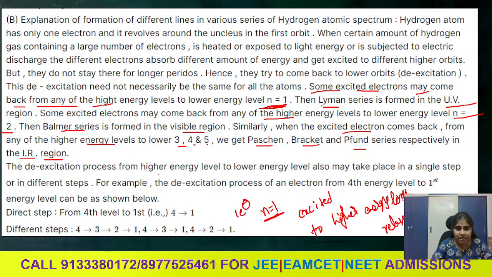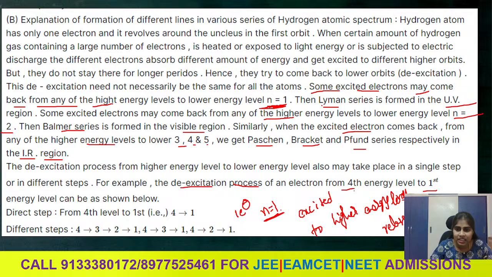Let us see one example. For example, de-excitation. It means already the electron is excited and it is returning back to the ground level. That is the de-excitation process of an electron from the fourth energy level to the first energy level. It means it reaches the fourth level, excited, highly unstable, then it comes back to its original state, the first level.